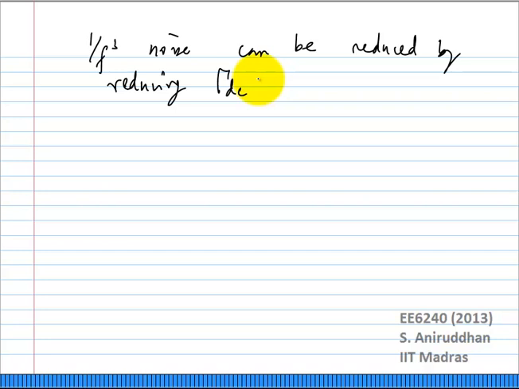Okay. So one last point we have not touched upon, right? We said the oscillator noise has 3 regions. 1 over f cube, where it goes at minus 30 dB per decade, then it goes at minus 20 dB per decade, and finally there is a flat noise region. What about the flat noise region? Where do you think that comes from?